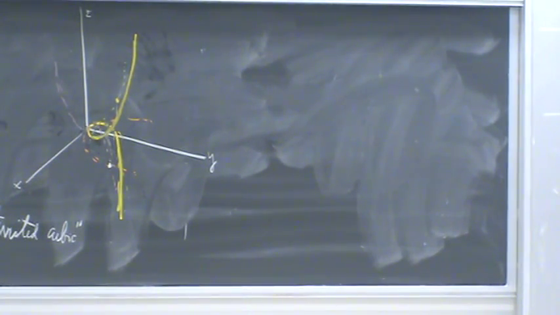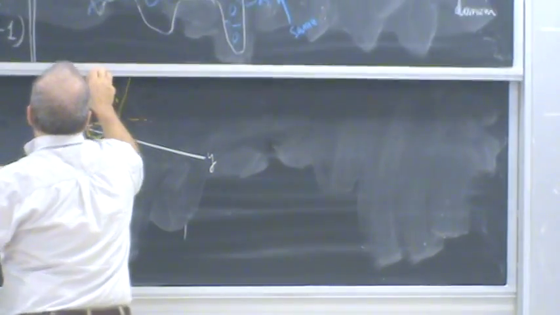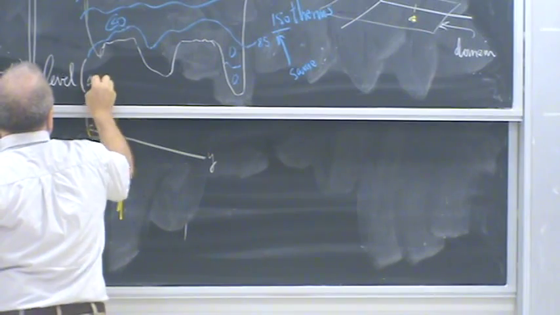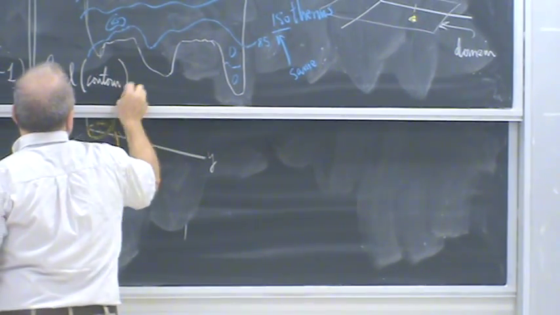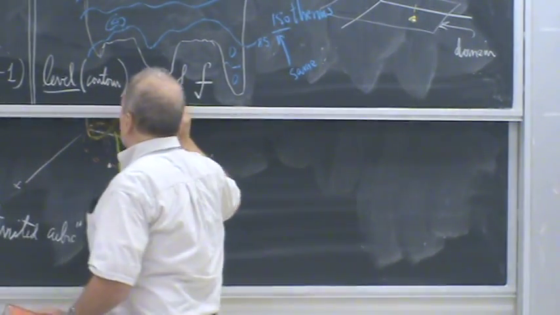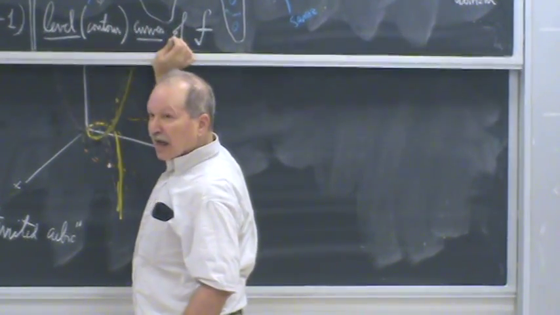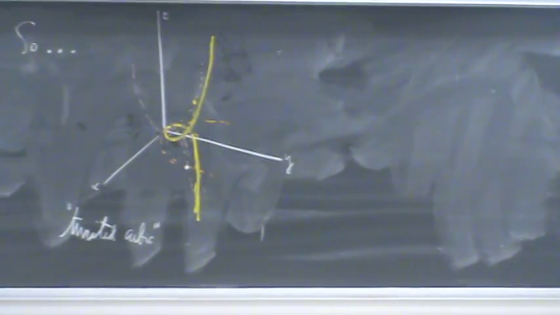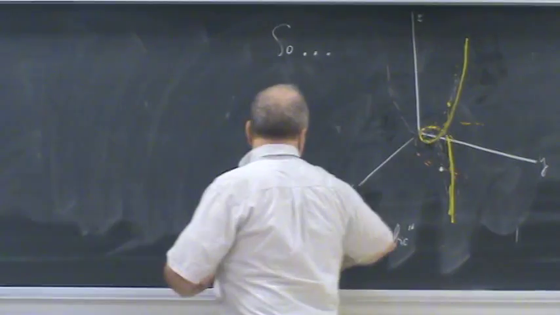All right, so I want to do some examples where we look at both of these. As Taylor said, these curves are called level or contour curves of f. They're showing you the curves where f is constant, has a certain level value.